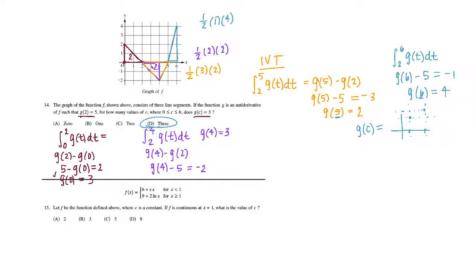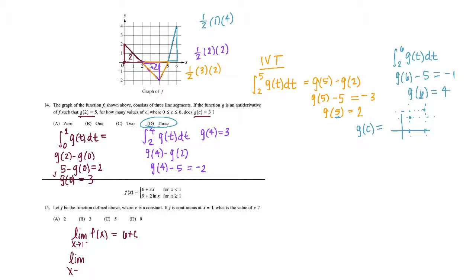All right, so for 15, we're really just trying to find the C value so that we're continuous. So our quick way of getting through that is we look at the limit from the left of the point in question of our function. And so the limit from that left side is going to be 6 plus c. And then we look at our limit from the right.